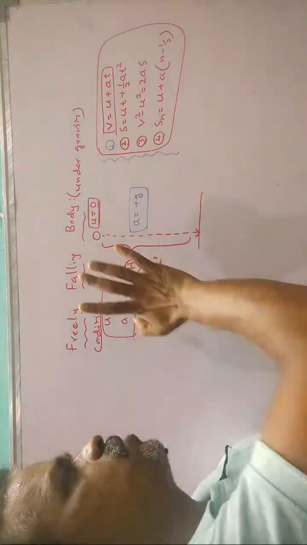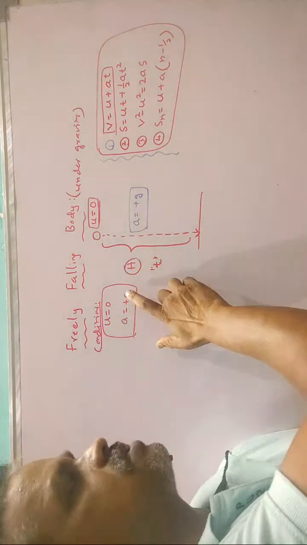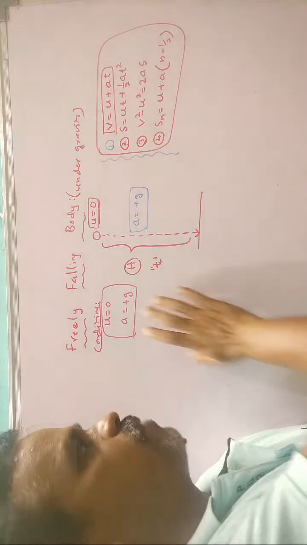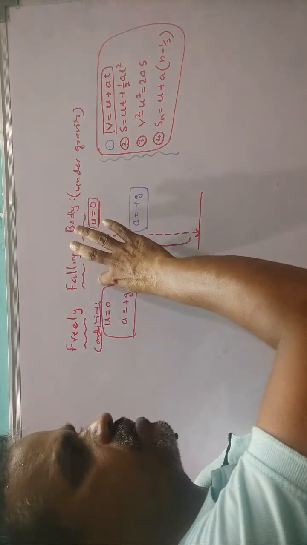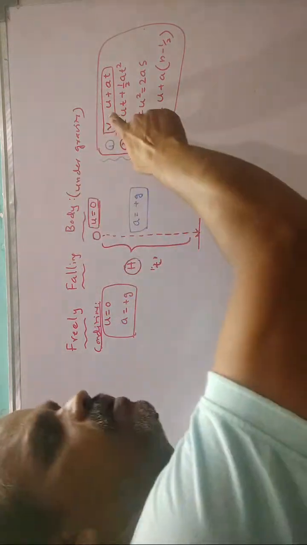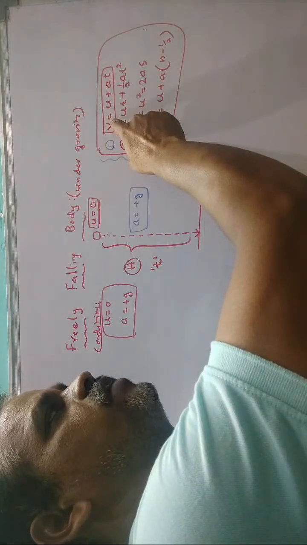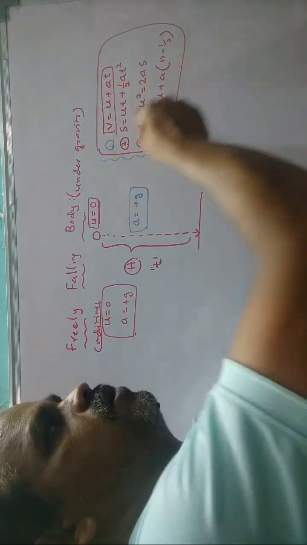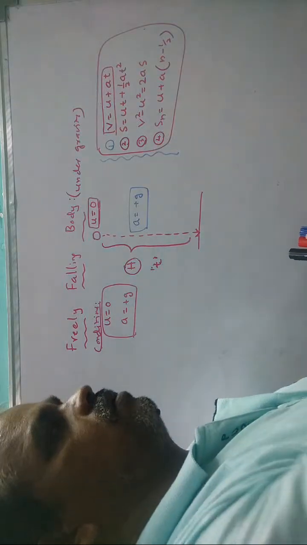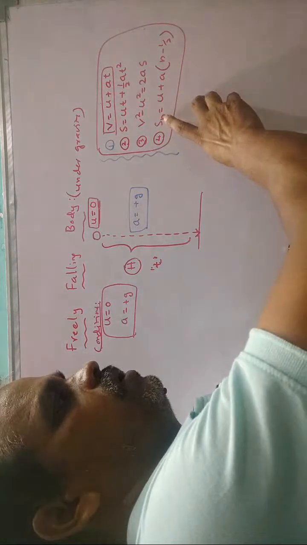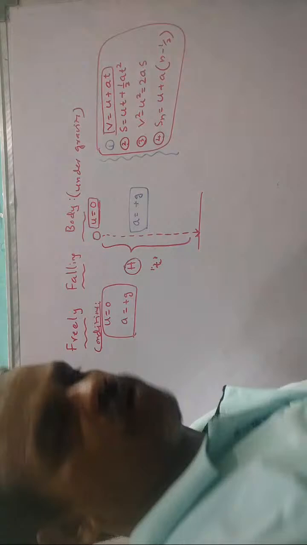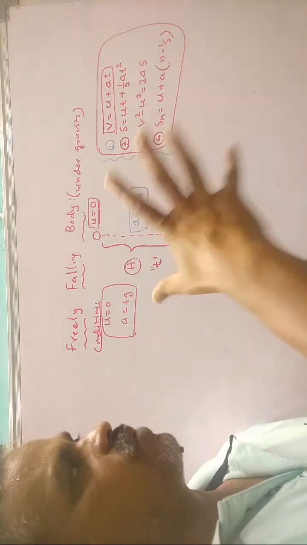So by using these two conditions, we can find the final velocity, the displacement covered by the body, then in the nth second how the body travels. Like that we can apply these four equations.